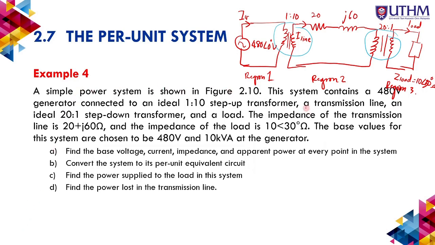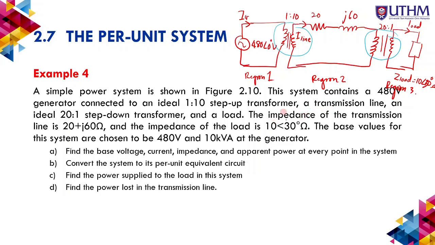This system contains a 480 volt generator connected to an ideal step up transformer 1:10, and then a transmission line, and an ideal 20:1 step down transformer and a load.